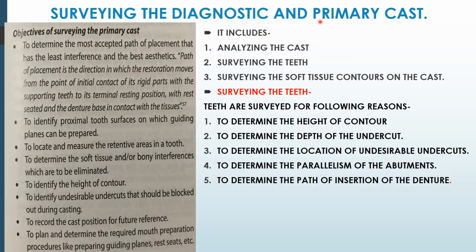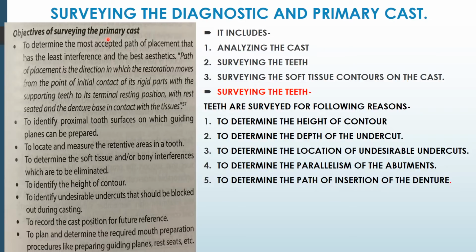So after that, the cast that is prepared is your primary cast. The primary cast is surveyed to determine the required amount of prosthetic mouth preparation, and to design and mark the outline of the prosthesis. For example, if the patient did not require any prosthetic surgeries to be done, your diagnostic cast acts as a primary cast.